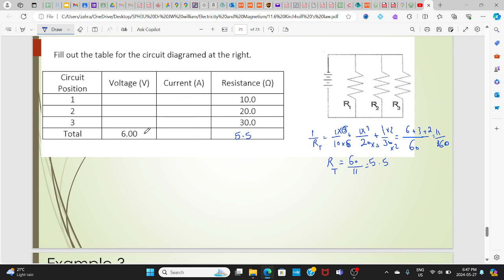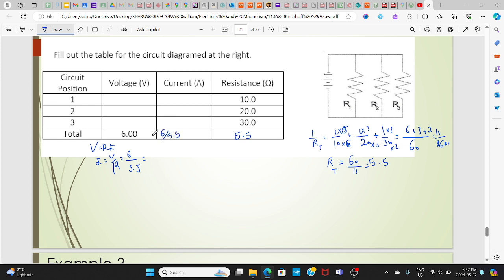I need to find the current. So look at that, I have three things. One is missing, so definitely V is equal to Ri. I'm looking for I, which is V over R. V is 6, R is 5.5. I'll just skip to that.